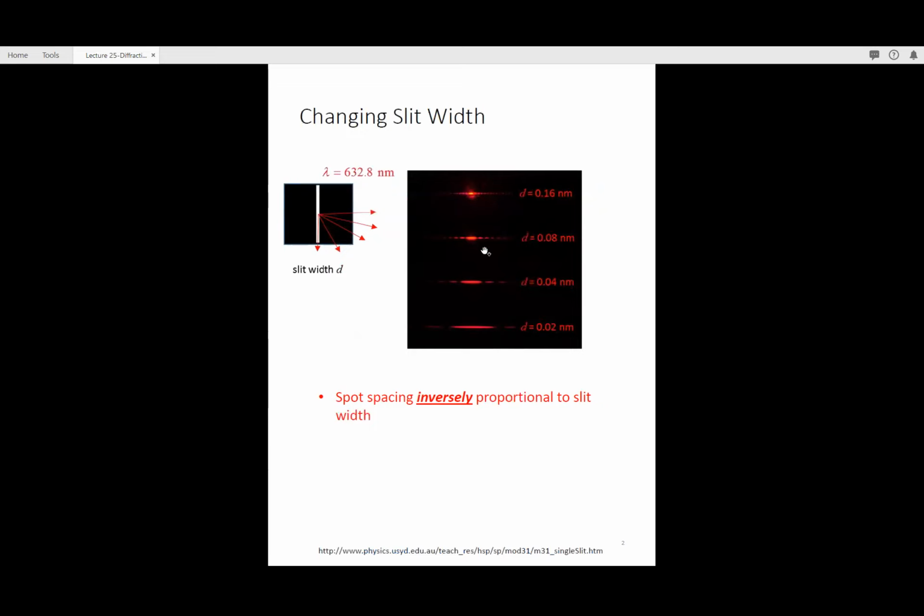Intermediate size apertures lead to somewhat larger side lobe spacing, and then very small apertures lead to side lobe spacing where here's the first peak, and then way over here you can just barely see the second peak. It's pretty far off. So we've got a side lobe spacing that's inversely proportional to the slit width. And that's what we want to try to understand today.